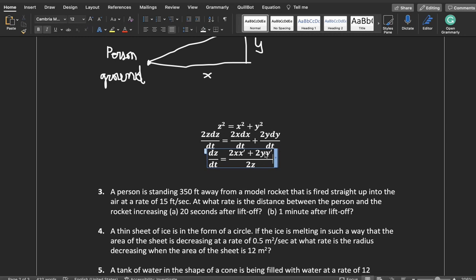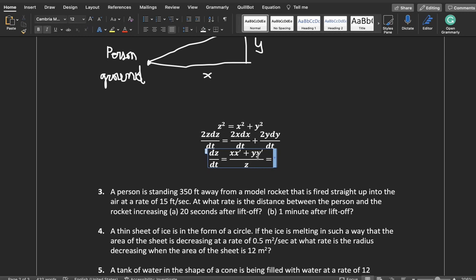And we can clearly simplify the 2. Because remember, this differentiation is in terms of t.